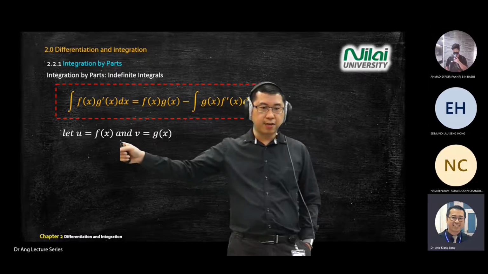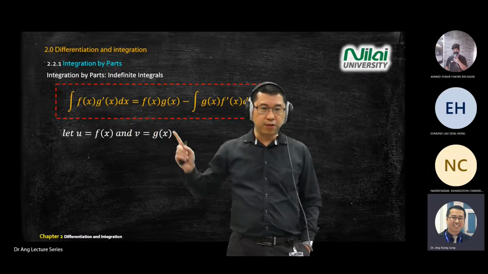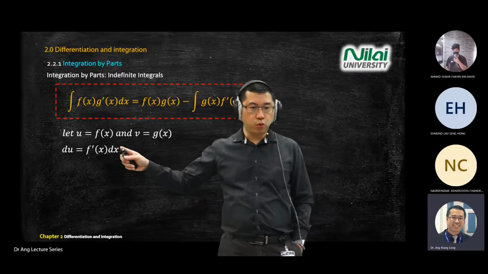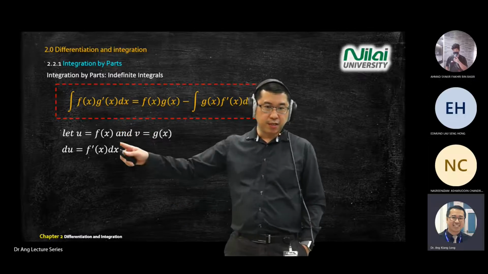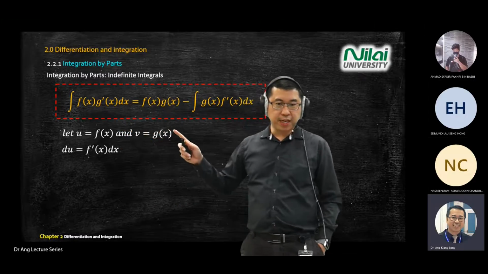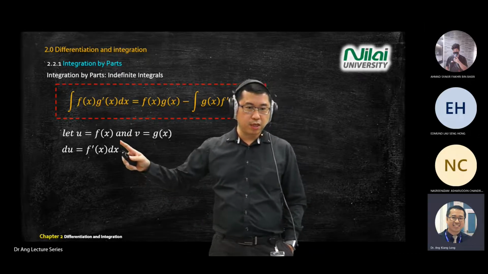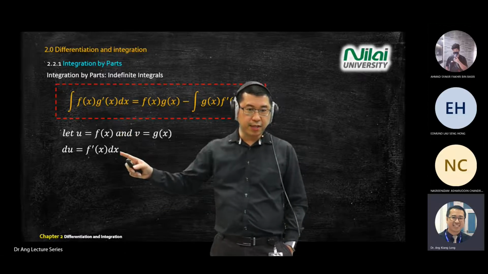Then on the next line you write u equal to function f, v equal to function g. Next, you do differentiation for the function. After you write u equal to something, v equal to something, you write du equal to the function f comma, meaning you differentiate the function, times dx.